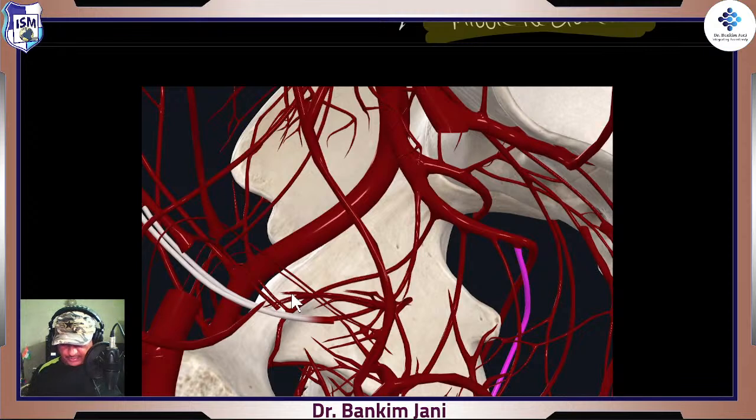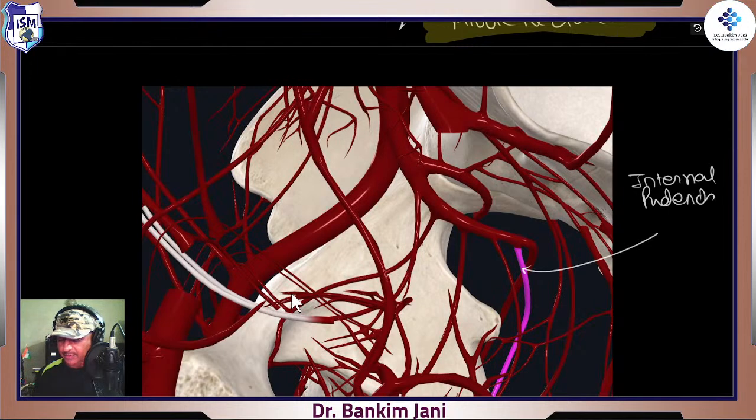So obturator, then inferior vesicle, then there was middle rectal, and this one is the big boss, the internal pudendal artery. And internal pudendal supplies so many.